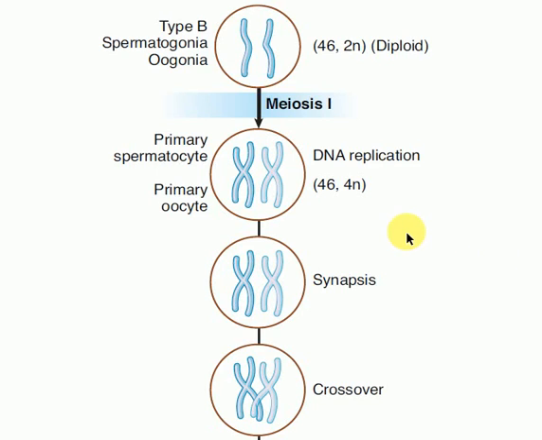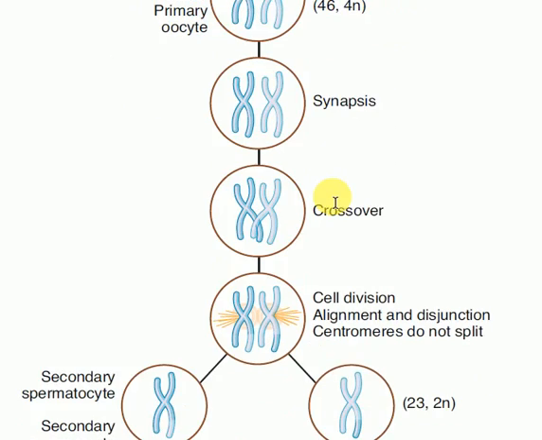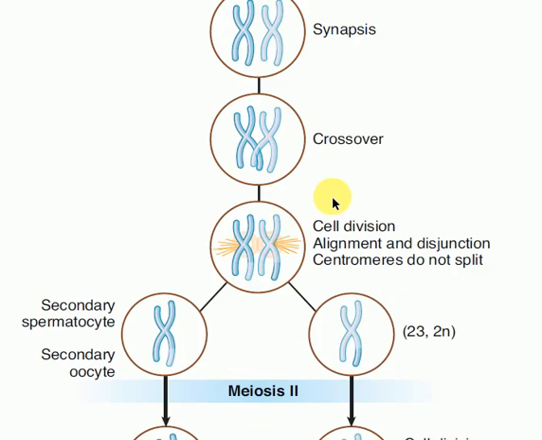In order to summarize meiosis, we started with a mitotic cell or a somatic cell known as a spermatogonia or an oogonia, and it becomes committed to meiosis, becomes meiotically active, forming the primary spermatocyte or the primary oocyte, replicating its DNA, doubling it, going from 2n to 4n, the number of chromosomes remaining the same, and undergoes the first meiotic division.